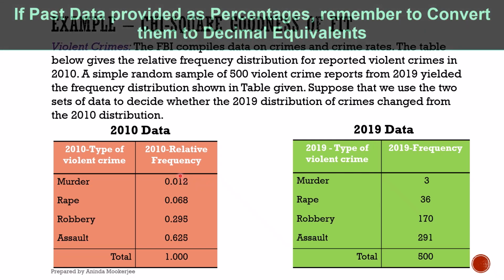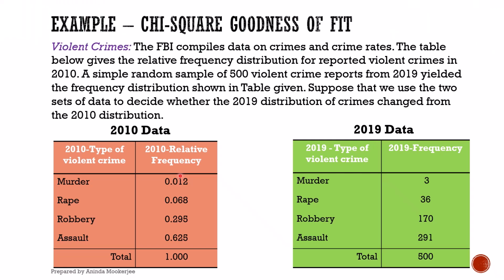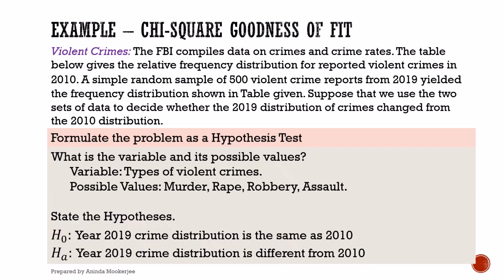However, for percentages, you have to change the relative frequency decimal values to percentages by multiplying by 100, whereas relative frequencies and probabilities are always decimal values between 0 and 1 included. All right? Now that we understand the problem and the related data, let's try to answer some questions here.